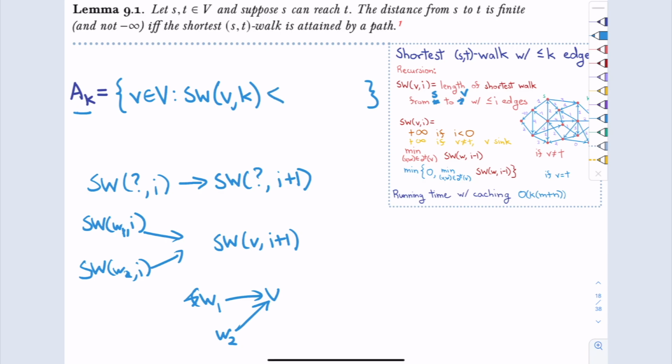So the distance to v using k edges is strictly less than the distance using k minus 1 edges. Okay. And I could define B sub k to be, if I wanted, all of the other vertices. These are the vertices that do not benefit from the kth edge.